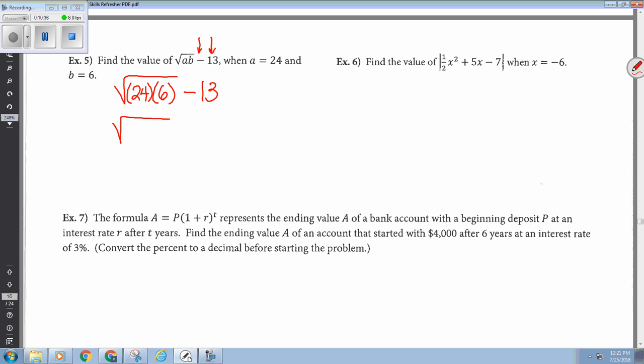We multiply them together. That gives you 144. But we still have the square root. So now we take the square root. The square root of 144 is 12. That gives you 12 minus 13. And from there, there's nothing else that you really need to solve except for 12 minus 13, which is negative 1.